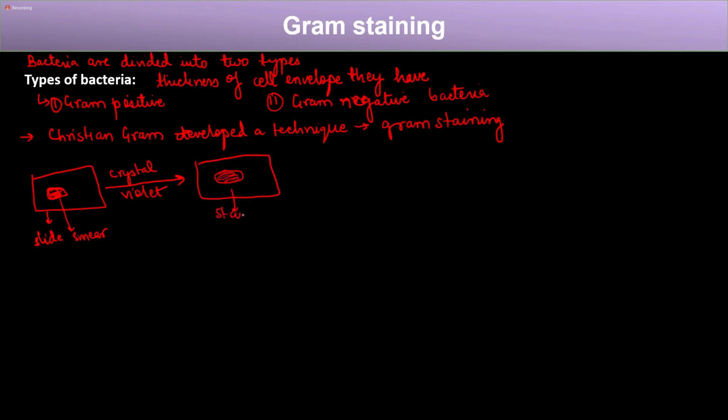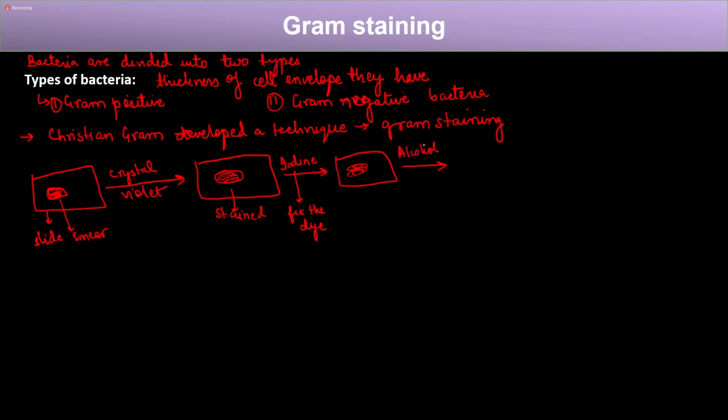You have stained it. Now, after staining, you add another chemical that is known as iodine. So why do you add iodine? This iodine basically fixes the dye. Dye is being fixed over this bacterial sample. Now you will add a destainer, and we basically use alcohol.